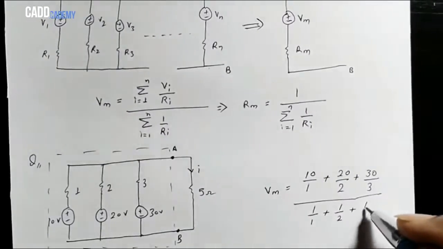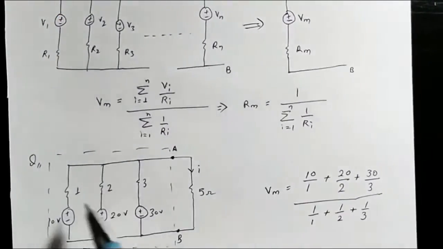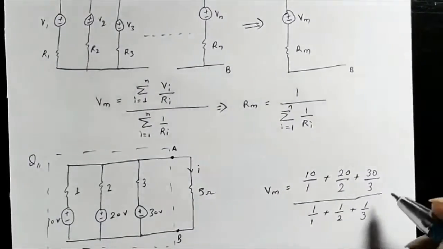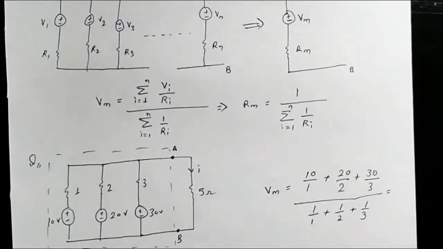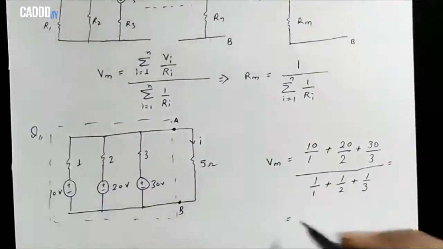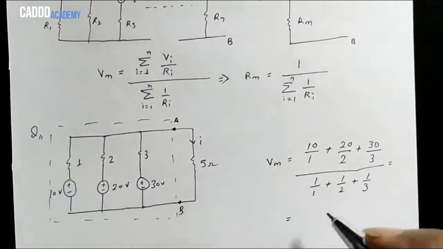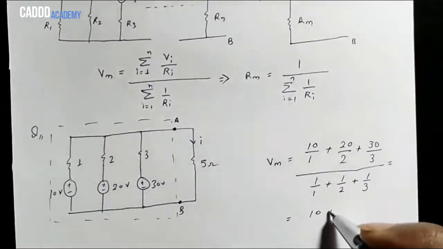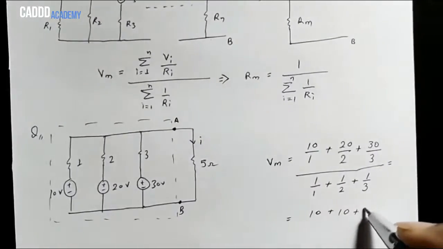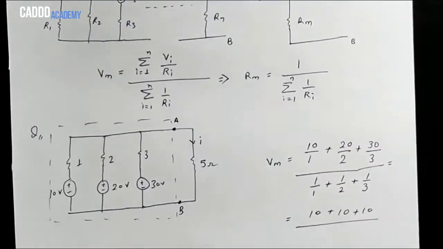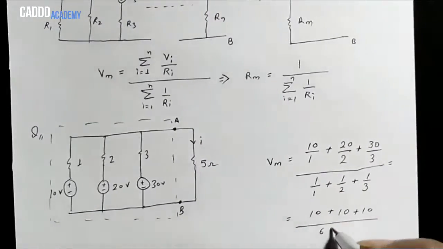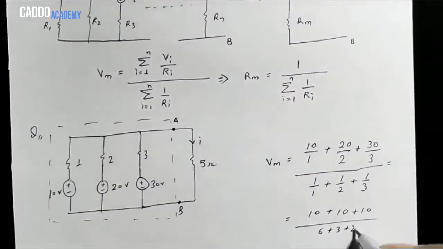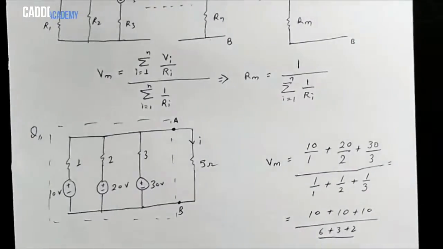So 1 by 1, 1 by 2, 1 by 3, and this is the value of Vm, and this will be 10 plus 10 plus 10 divided by 6 plus 3 plus 2 divided by 6.